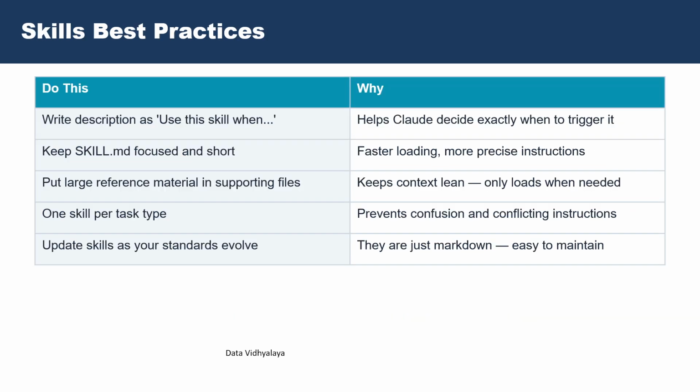And write the description as "use this skill when". I forgot to mention that you can pass this skill on to other members as well. For example, if you are working in a team of 5 members and one person develops a particular skill, you can pass it on to the other person, so your colleague need not develop every skill.